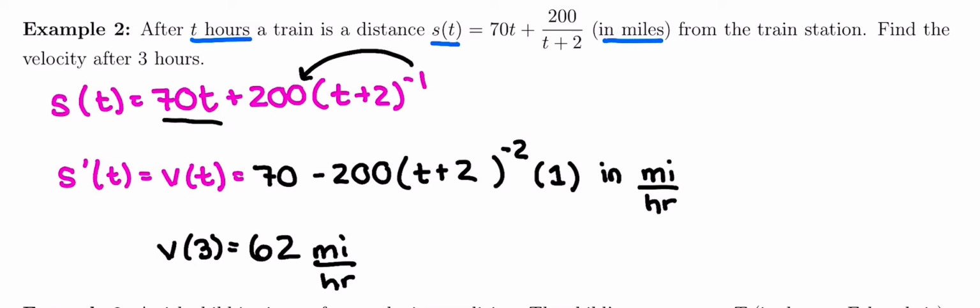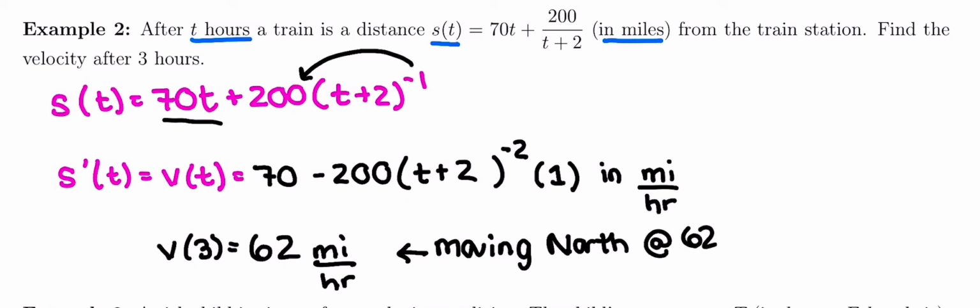So it doesn't ask us about the direction of the train, but there's only 2 options. This train could be moving, well, it's positive. So between north and south, the positive direction would be north. This could be moving north at 62 miles per hour.